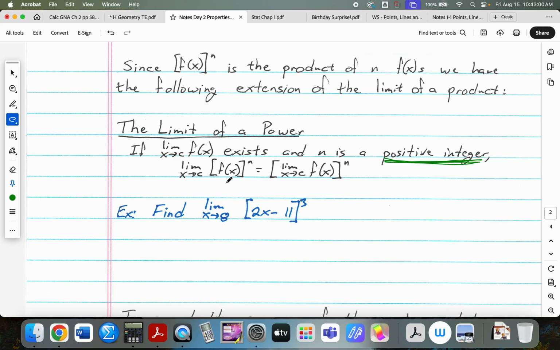Then the limit as x approaches c of the quantity f of x raised to the nth power is the limit as x approaches c of f of x, then raised to the nth power. So if we're trying to find the limit as x approaches 8 of 2x minus 11 cubed, well, as x approaches 8, 2x approaches 16, minus 11 is 5, so that's just 5 to the third, which is 125.